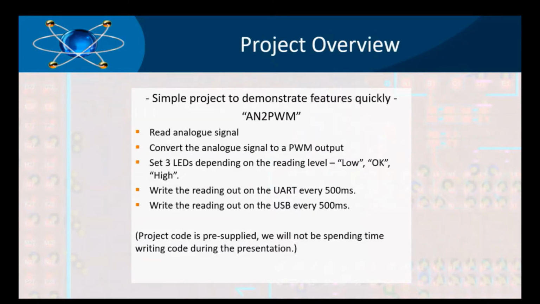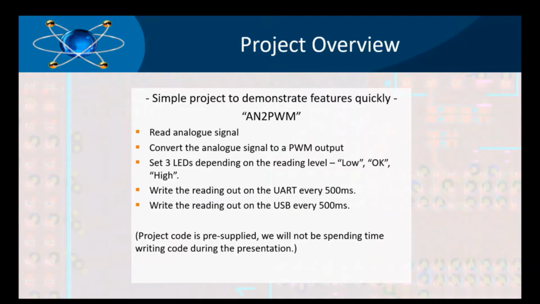The project that we're going to do is a simple project. We just want to get through the features quickly without spending too much time. It's called AN to PWM. What we're going to do is read an analog signal and convert that analog signal into a PWM output.